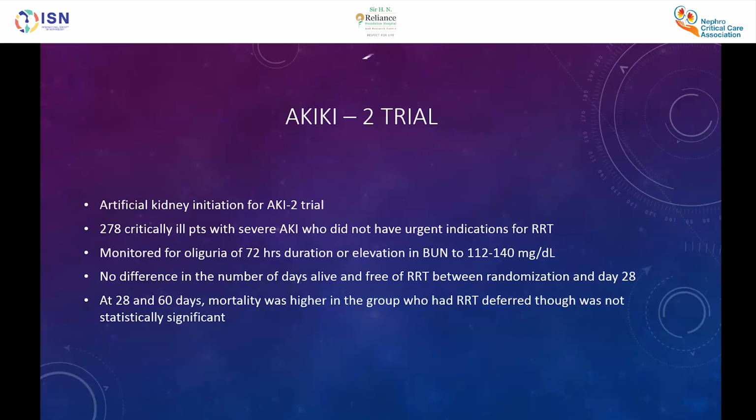But they found that there was no difference in the number of days alive and free of renal replacement therapy between randomization and day 28. At 28 days and 60 days, the mortality was higher in the group who had RRT deferred, though it was not statistically significant.